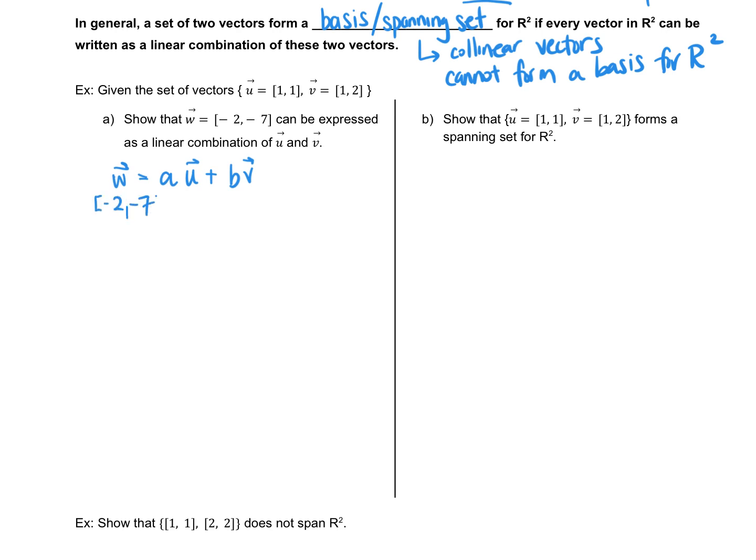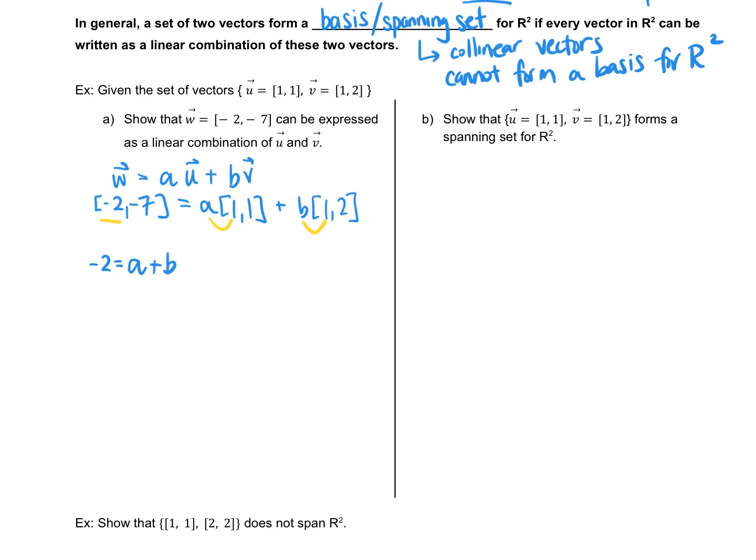Here's vector w. Here's vector u and vector v. Now I'm going to pull out all of the x components. So the -2, a times 1, and b times 1. So -2 should be written as 1a plus 1b.